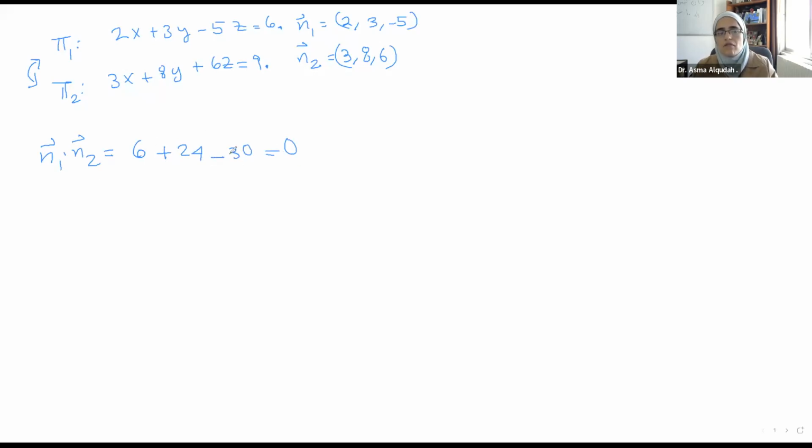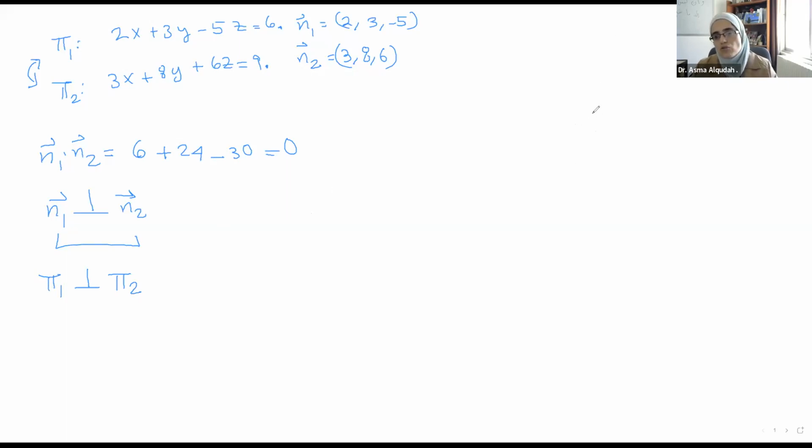If the dot product between two vectors gives an answer of 0, that means the two vectors are perpendicular to each other, right? If the two normals are perpendicular, then the planes are perpendicular to each other as well. How is that?